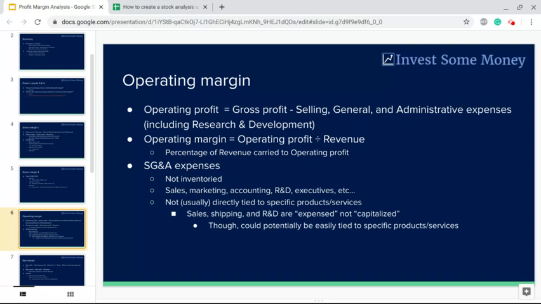And then, like I said, R&D is special, and this is particularly true if you think of drug companies, which is an industry that has an unusually high amount of R&D expense.